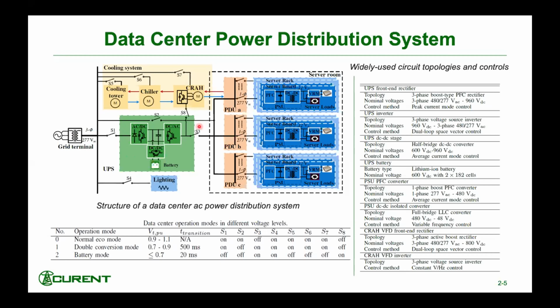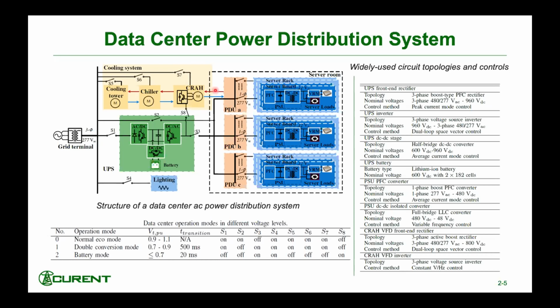In both these two modes, the air cooling system is directly connected to the grid. However, when a severe power disturbance or power failure happens, all these will be disconnected from the grid. The UPS backup power from the battery pack will be supplied to the IT load through the DC-DC converter and the inverter in the UPS.